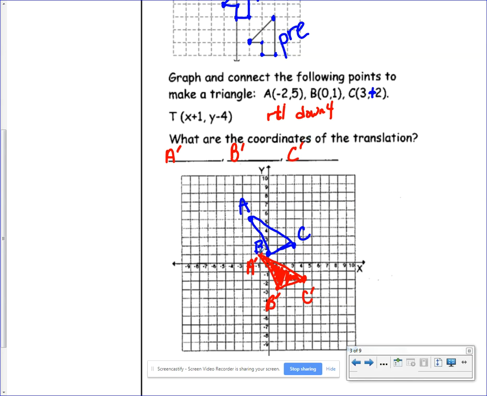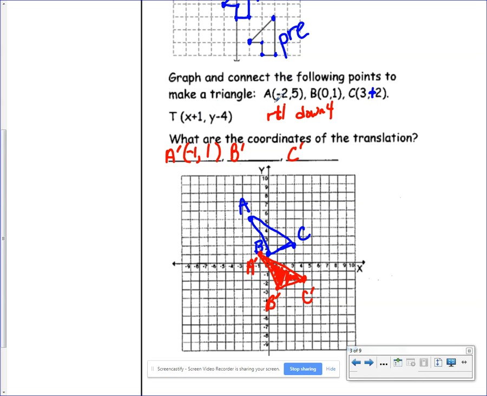Now, what you can do is look at your graph and tell me the coordinates of our new points for A, B, and C. This appears, let me see, -1, 1. Does that make sense? Yeah, because take a look. I'm saying add 1 to the x value.